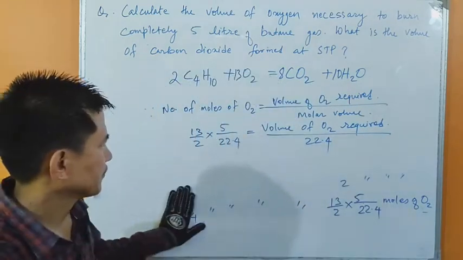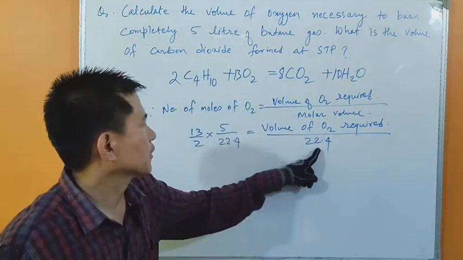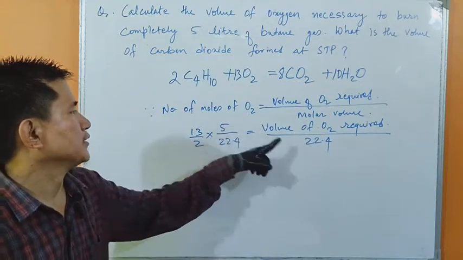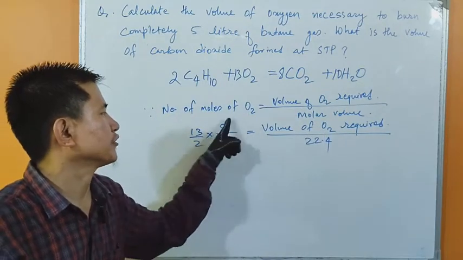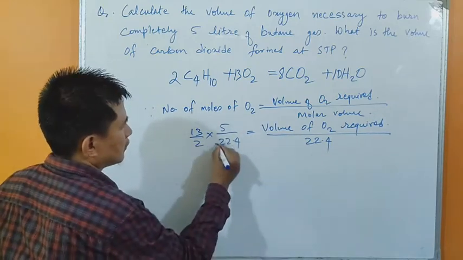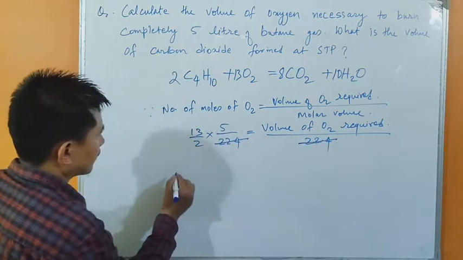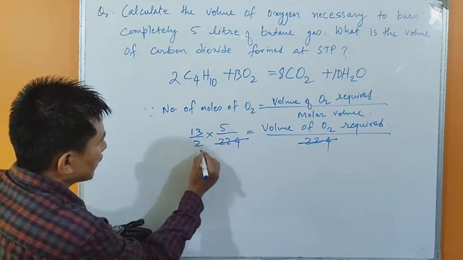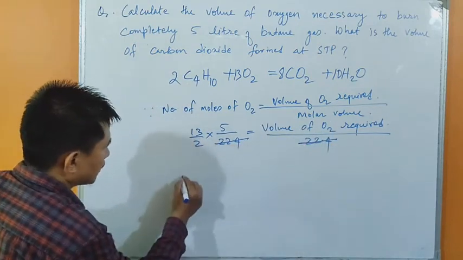You know that. So this 22.4 can be cross multiplied in the numerator to the left hand side, so you can cancel this and this here. 13 into 5 by 2 is the volume of oxygen required.